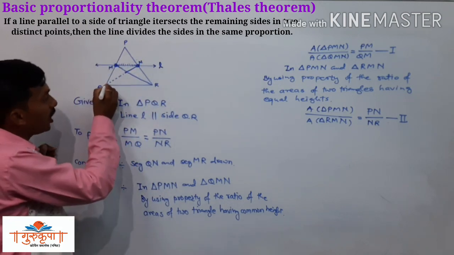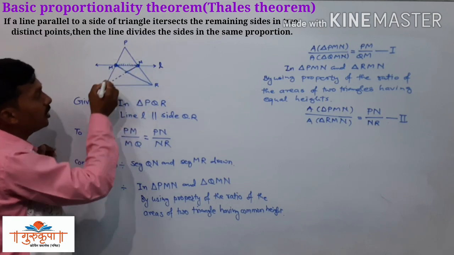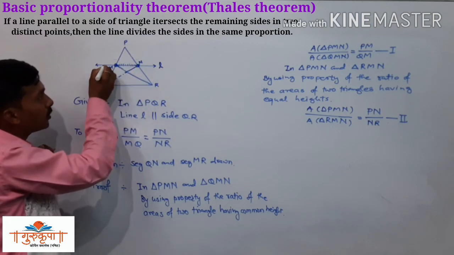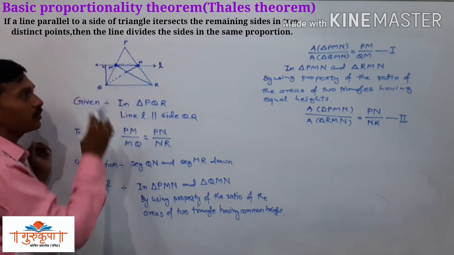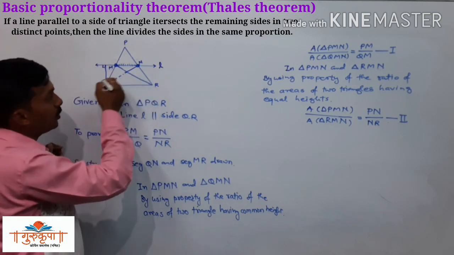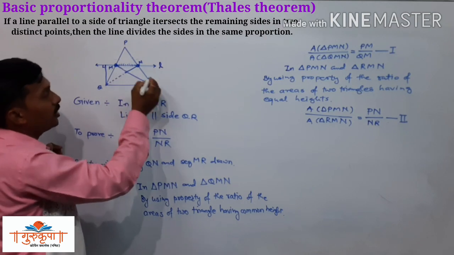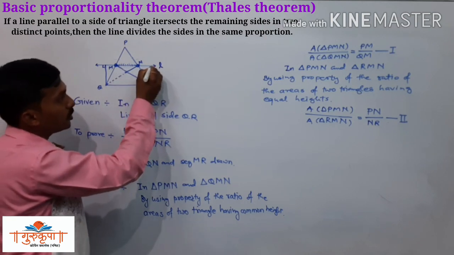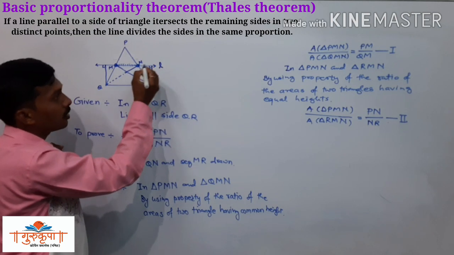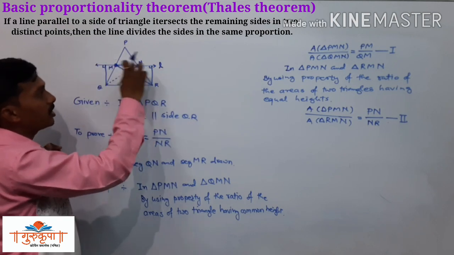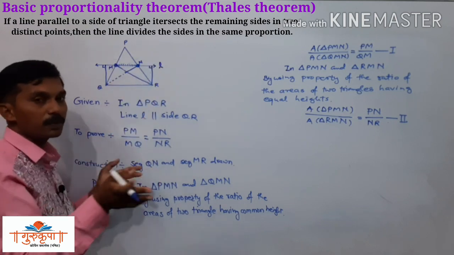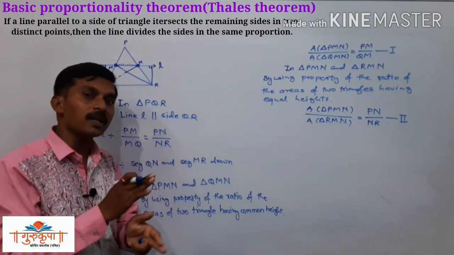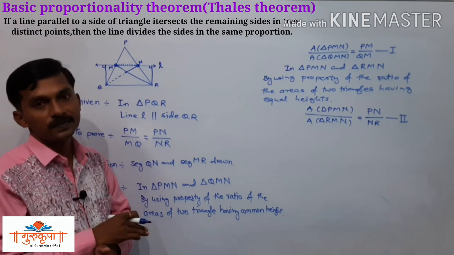If we draw the height of triangle QMN, we plot the perpendicular from point Q to the base. And for triangle RMN, from point R we plot the perpendicular here, and both these heights are equal. Since these two lines are parallel, the perpendicular distances between two parallel lines are equal.